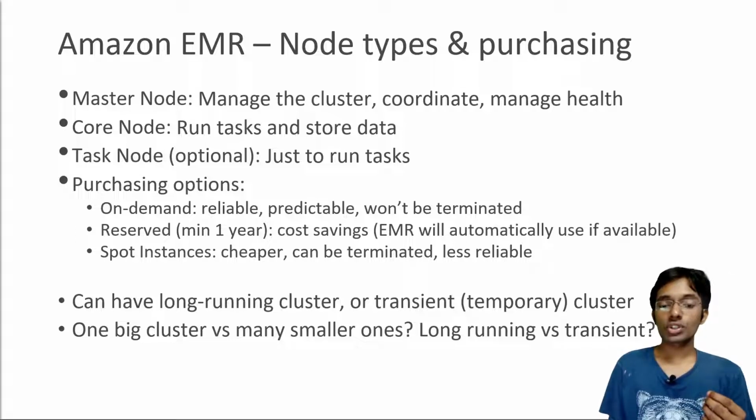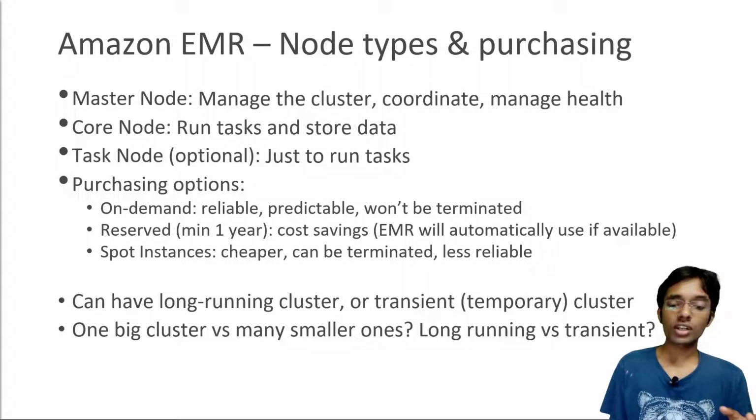So the question is, should you create one big cluster or many smaller clusters? So should it be long running or transient? You have all these options with EMR. If you use one big cluster, then the jobs are going to be submitted to that big cluster, and so there's going to be resource contention. If you have many smaller clusters, then maybe one cluster is going to be dedicated to one type of job, and that may work as well.